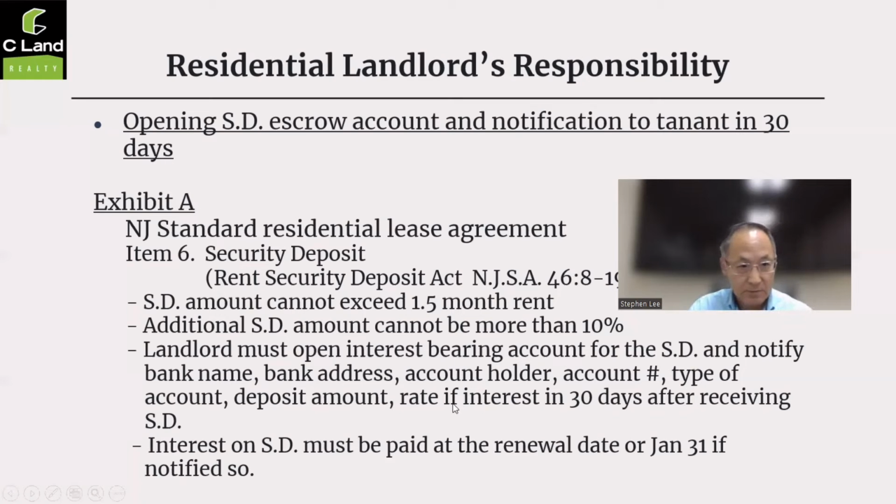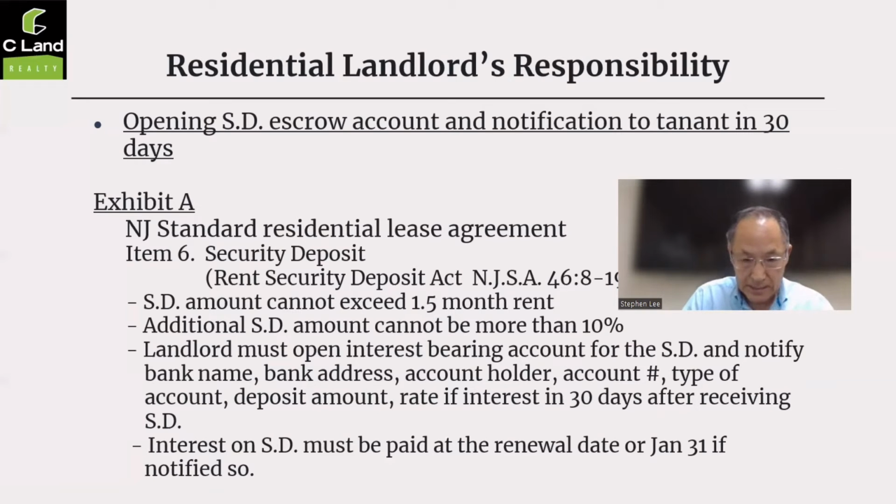This is what I'm trying to find out every morning: the rate of interest within 30 days after receiving the security deposit, which means first thing they have to open an interest-bearing account separately. That's why a landlord asks for a tenant's W-9 form.